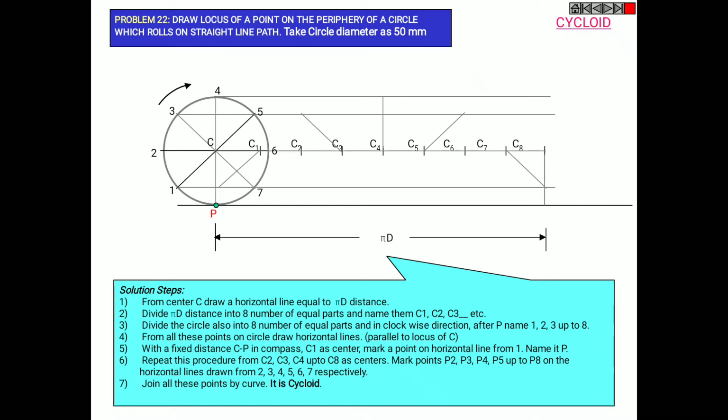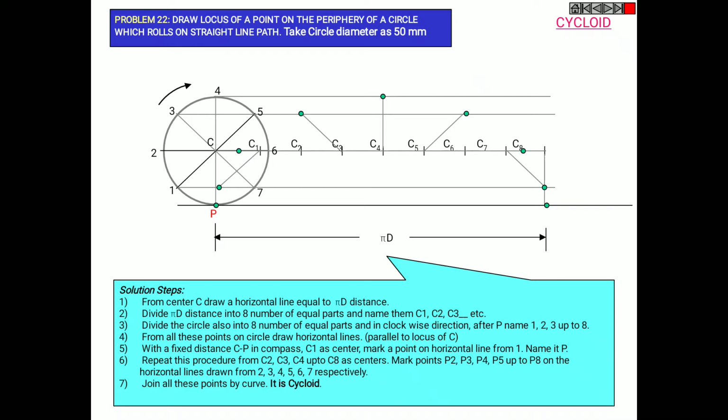This is C to P, this is C1 to 1, this is C2 to 2, C3 to 3, C4 to the 4th line, C5 to the 5th line and C6 to the 6th line, C7 to 7 and C8 to the 8th line, nothing but the P.